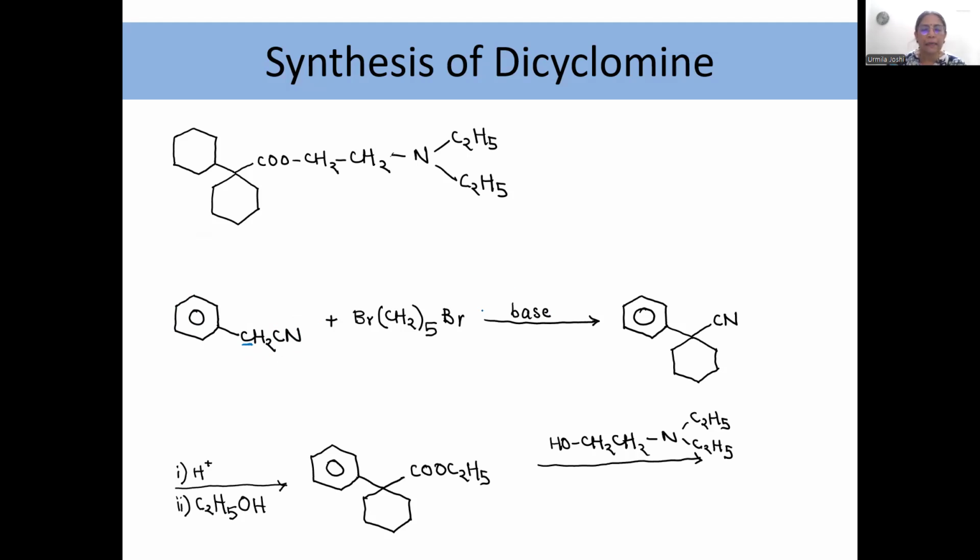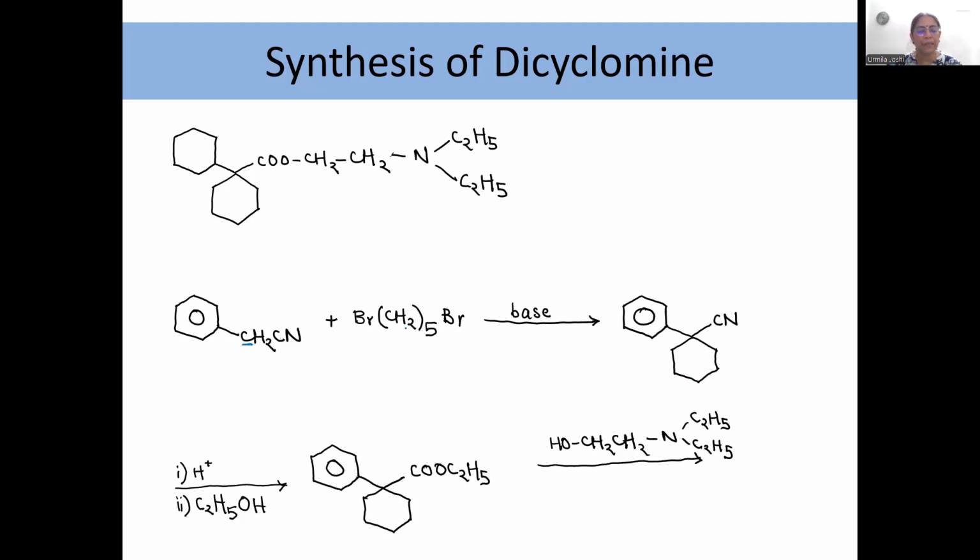So you treat it with a base and then treat it with 1,5-dibromopentane. When you treat it with 1,5-dibromopentane, carbon number 1 of 1,5-dibromopentane first attaches itself. There is a chain 1, 2, 3, 4, and 5. The fifth carbon can also lose bromine and form a cyclic chain because this can form a carbanion twice.